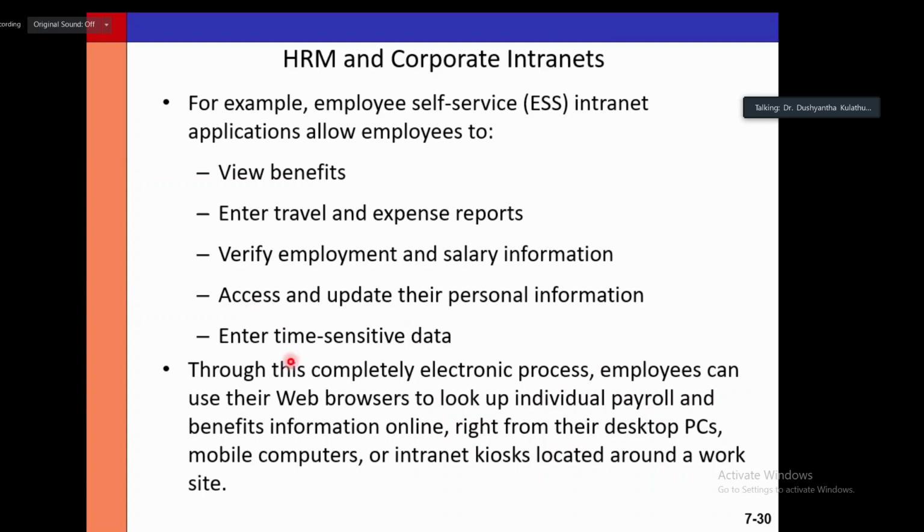You may have been given some deadlines to submit certain information, and in the traditional mode it can be 5 o'clock or 6 o'clock in the evening.